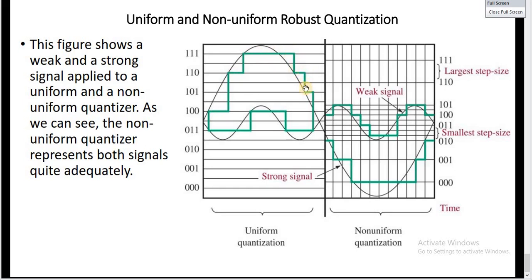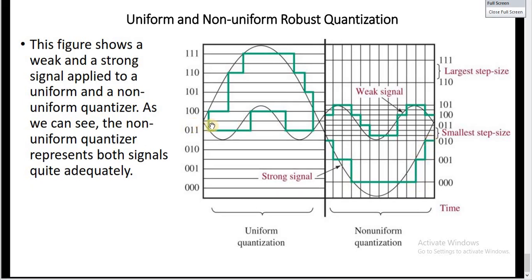The signal to quantization noise ratio will be high. The same holds if the strong signal is applied to the non-uniform quantizer. The output will again be a good representation of the signal, and the performance will be adequately high.